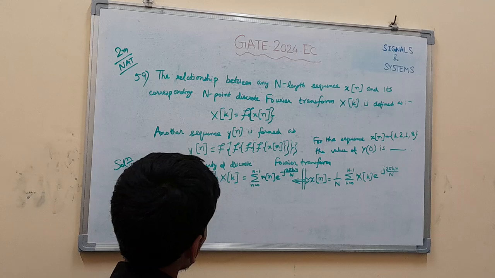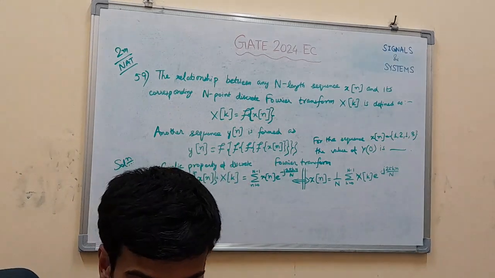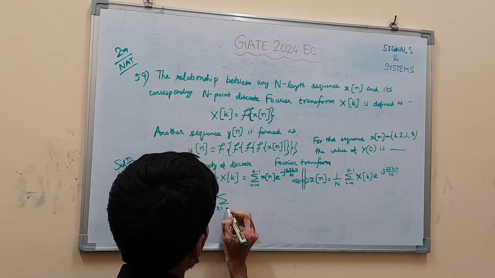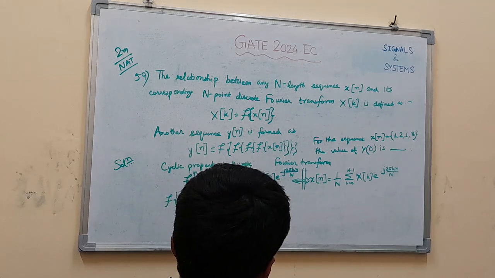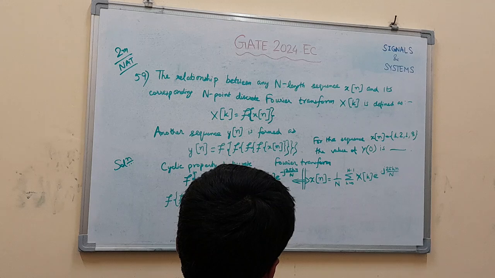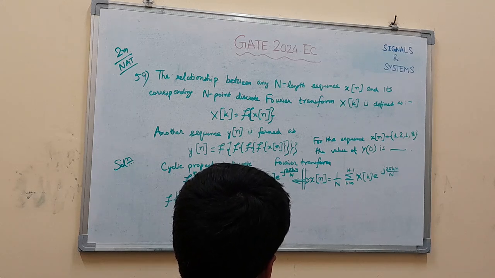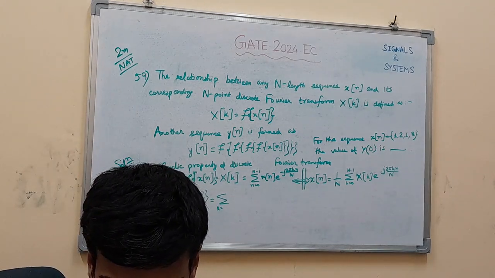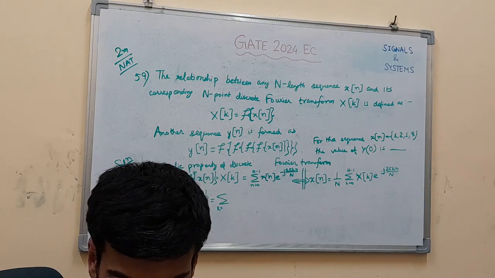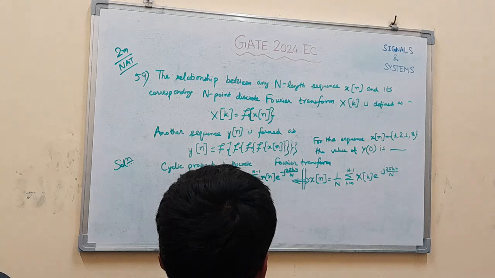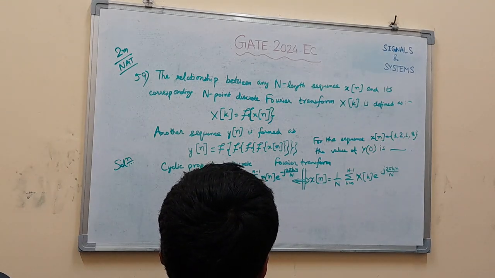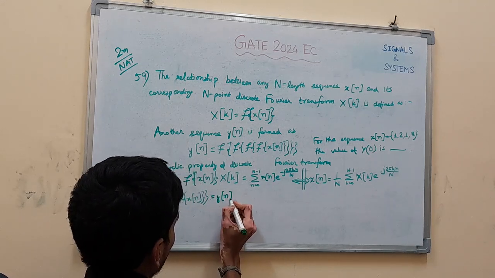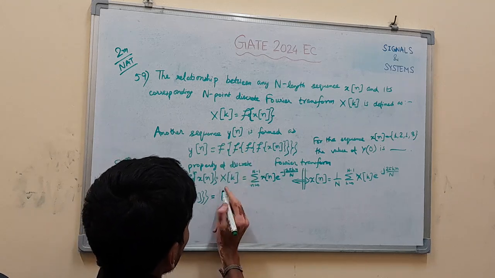Okay, now what we can write, let this be y of n, or say it's some other sequence, let's say z of n.